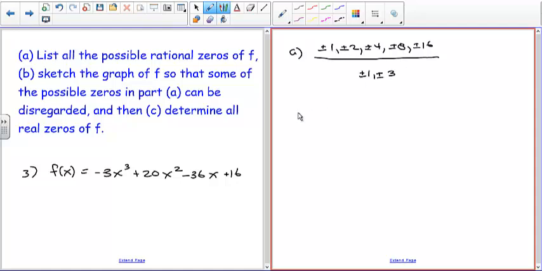So you got plus or minus 1, plus or minus 2, plus or minus 4, plus or minus 8, plus or minus 16. Okay, and then you can take all these divided by 3. So we've got plus or minus 1/3, plus or minus 2/3, plus or minus 4/3, plus or minus 8/3, plus or minus 16/3.